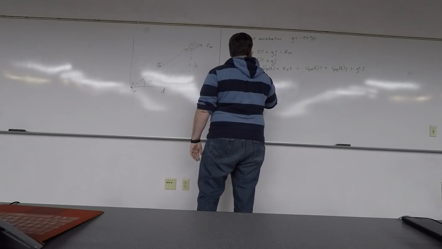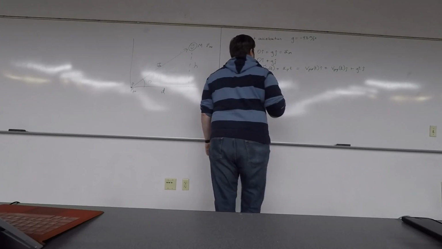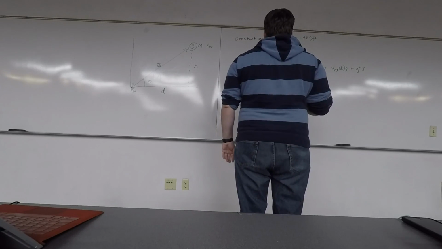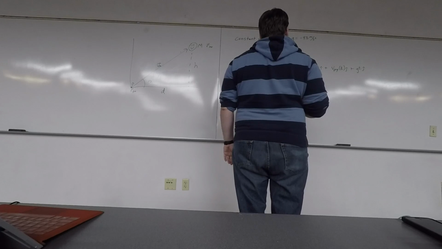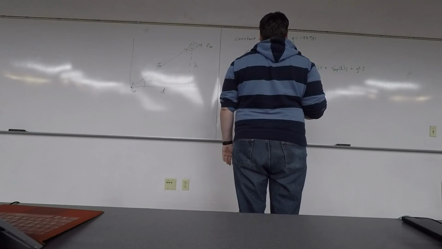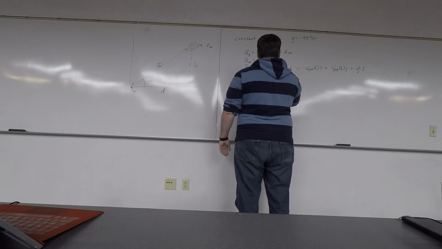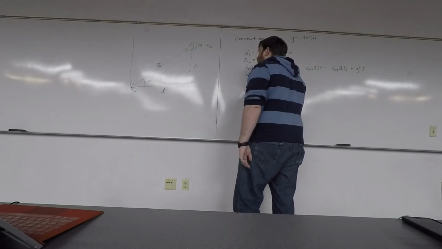Okay, then the monkey equals velocity initial, which is 0. So there's no initial velocity for the monkey.